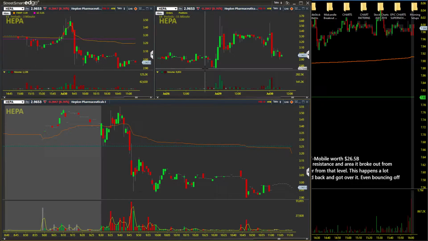So that's why looking at multiple time frames matters, and you could see the stock confine itself to multiple time frames as well. Looking at multiple time frames, you can get a better idea of what the overall trend is.